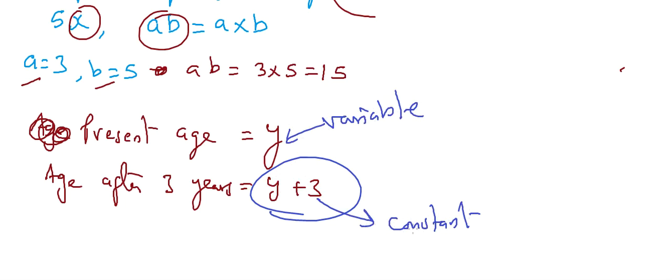We call this number a constant because y can take any value. If y is 12, then y plus 3 is 15. If y is 14, then 14 plus 3 is 17, isn't it? But 3 remains the same, it's constant, while the value of y can change. So depending on the value of y, the value of this expression y plus 3 will change.